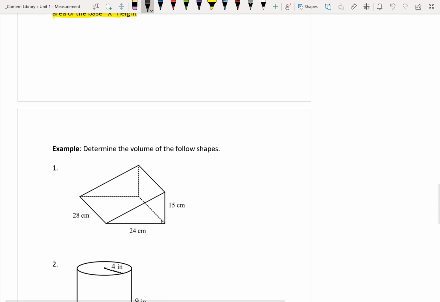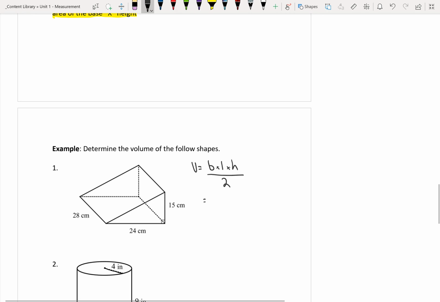Let's look at our first example, where we want to find the volume of this triangular prism. The formula is V equals base times length, B times L times H divided by 2. Basically, I'm trying to find the area of that triangle and then multiplying it by the height or the length of my object.